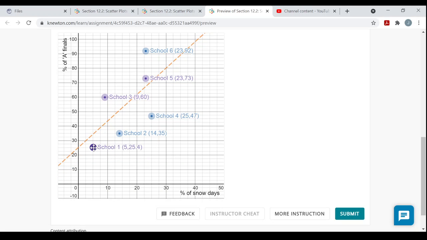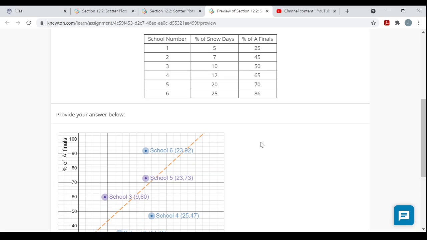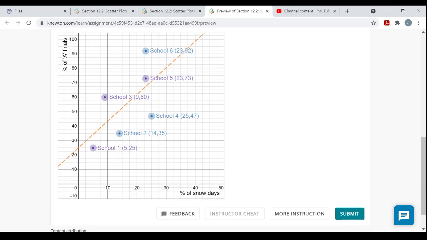Something like this. There. And I'm going to come back when I have done this for all 6 schools. This is going to be a little bit of a tedious problem. You have to move school 2 to 745. Like I said, I'll pop this back up when I have completed it.